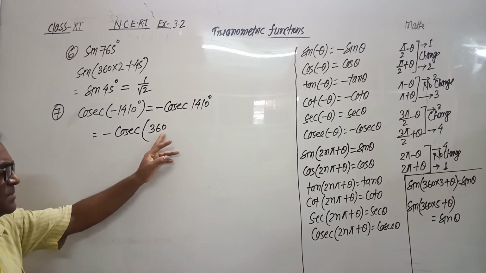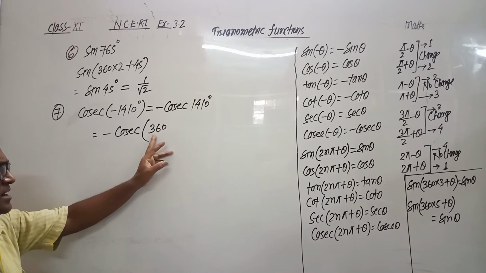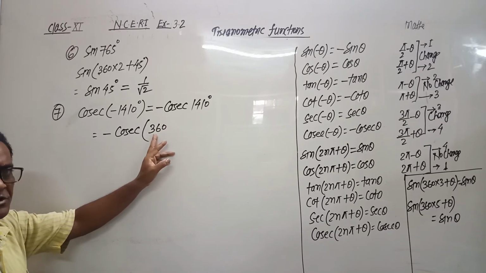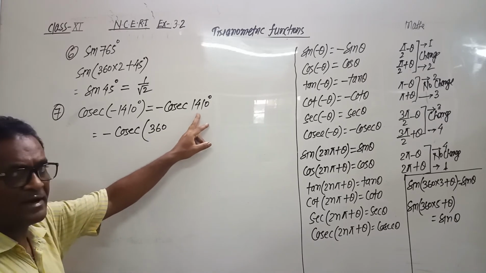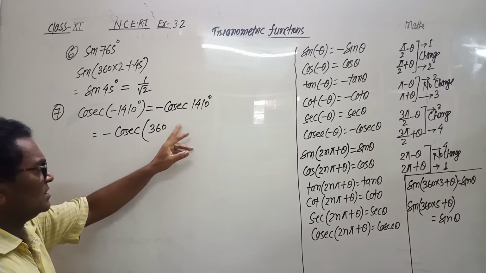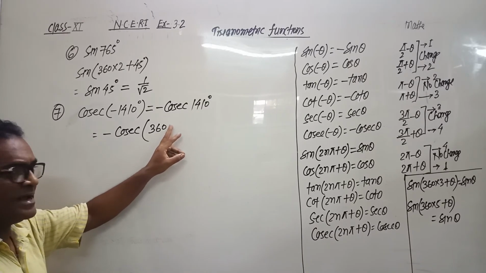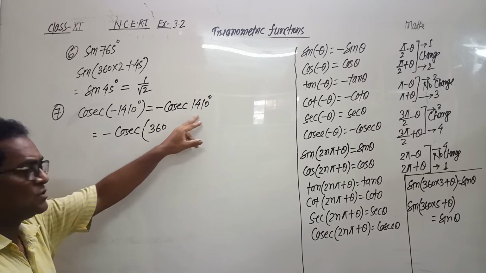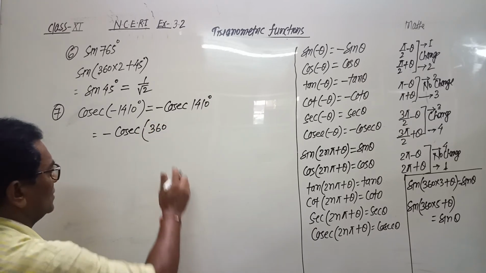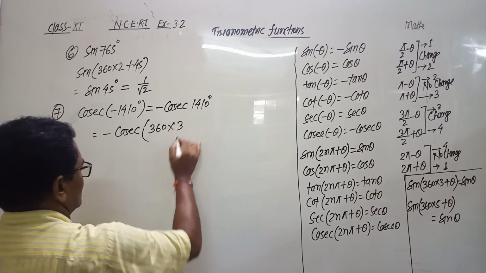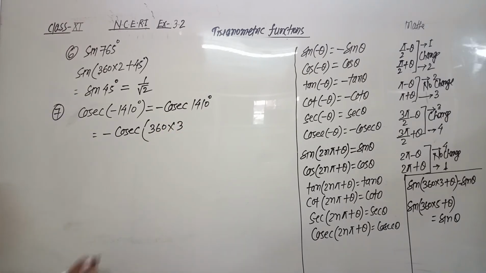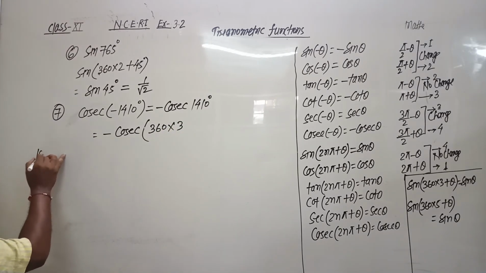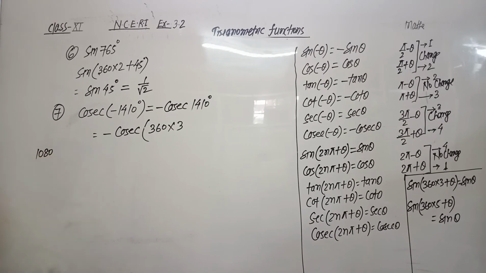So 360 multiplied by 4 gives 1440, which is greater than 1410. The value of n taken should be such that when we multiply, the result is less than 1410. So multiply by 3: 360 into 3, we get 1080.